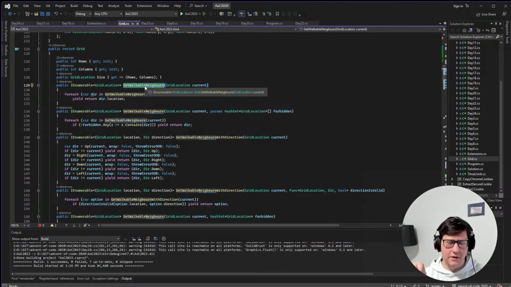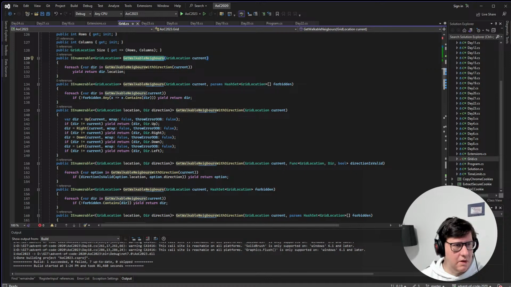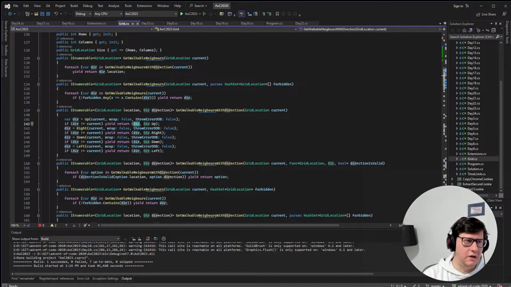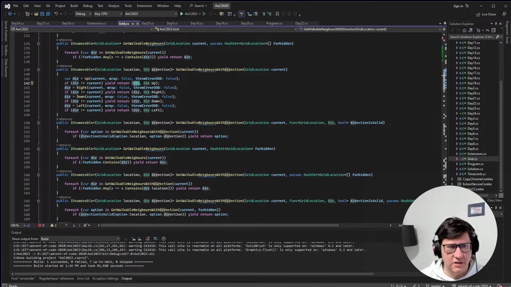That means I'm at point A, give me all the ones in direct connection. So I don't have diagonals in here because I haven't had to do that yet, but it would be very easy to do. Then I have a get walkable neighbors with directions, which just yields all the relative positions plus the direction that it took from the place where you got there. So there's one that just ignores that data, but there's also stuff that helps there.